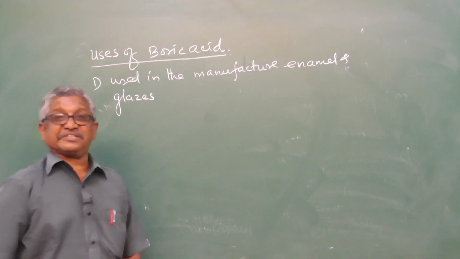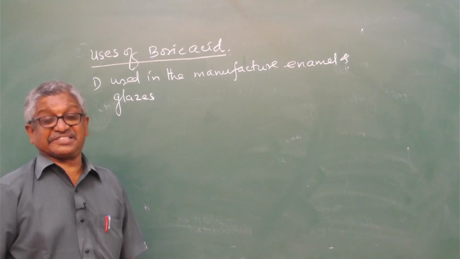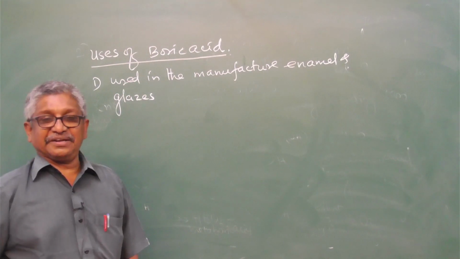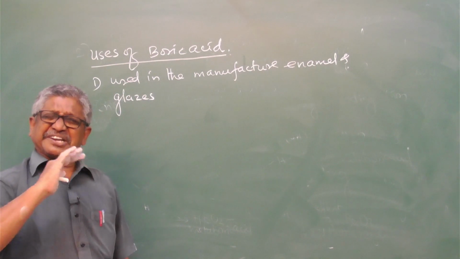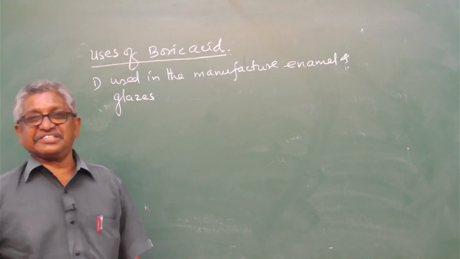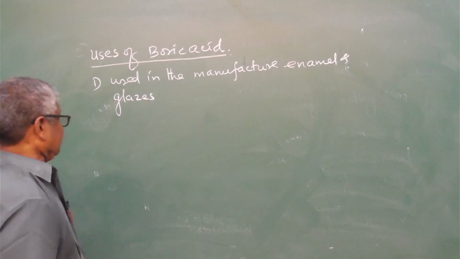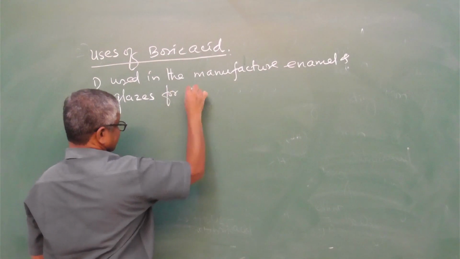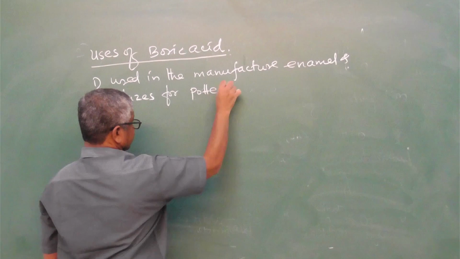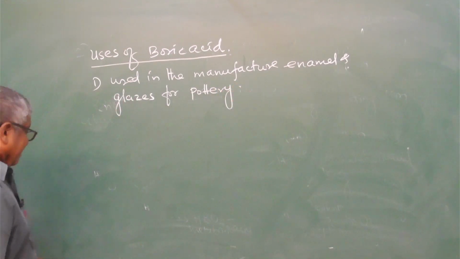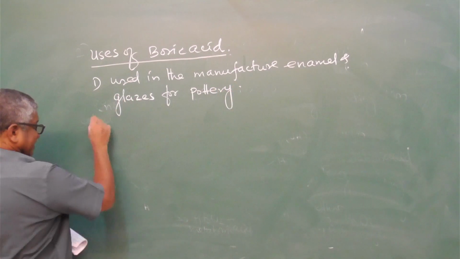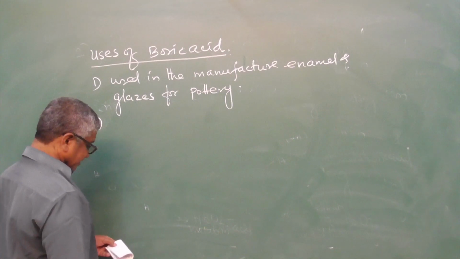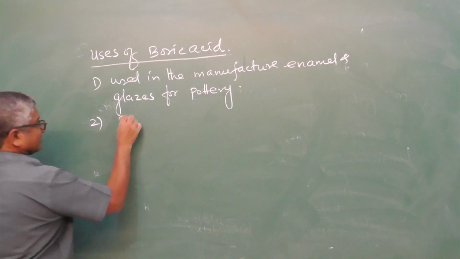Pottery means pots. Ceramic items are glazed, or made shiny, by using this boric acid. So, glazes for pottery.